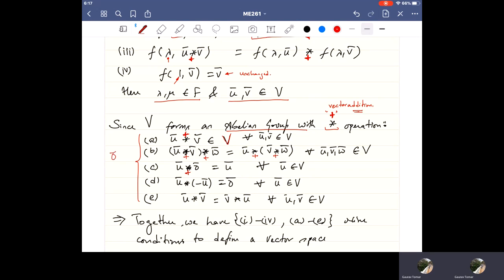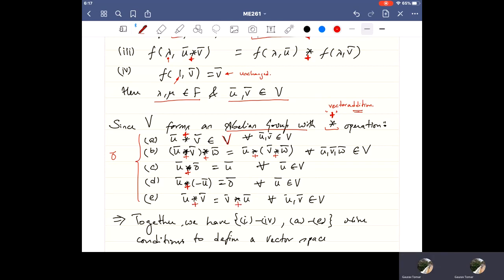That's a necessity. By definition it should have it. Then there are inverse elements, so if you add u to its inverse you get 0. And since it is an abelian group, it also satisfies the commutative property: u plus v is the same as v plus u.